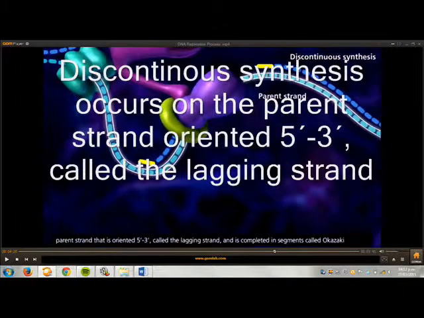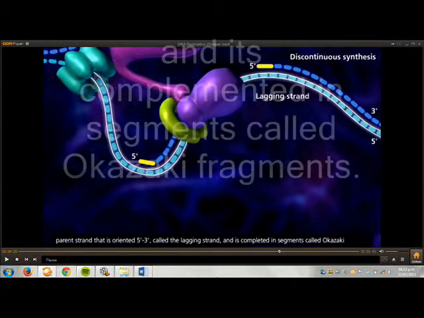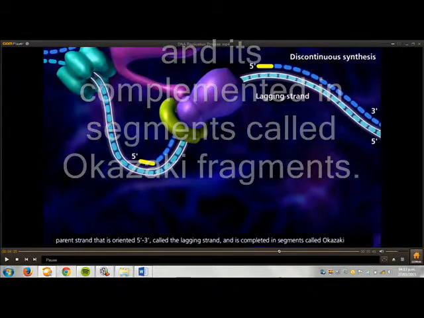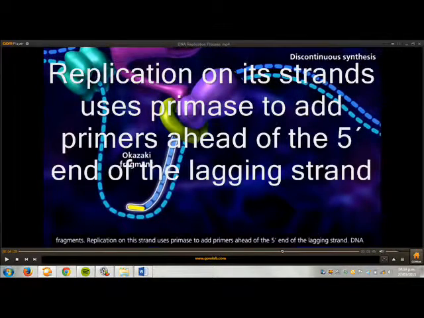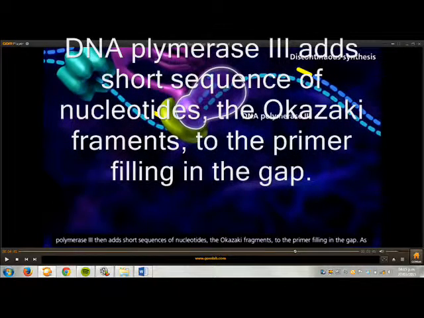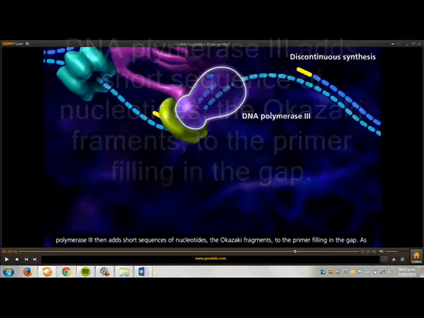Discontinuous synthesis occurs on the parent strand oriented 5' to 3', called the lagging strand, and is completed in segments called Okazaki fragments. Replication on this strand uses primers added ahead toward the 5' end. DNA polymerase III adds a short sequence of nucleotides, the Okazaki fragments, to the primer, filling in the gap.